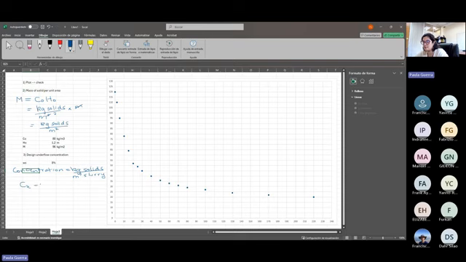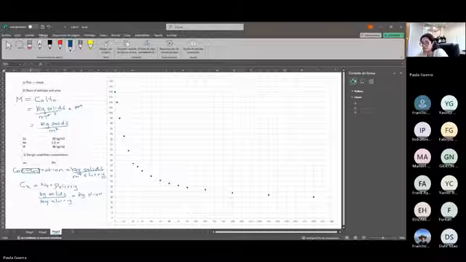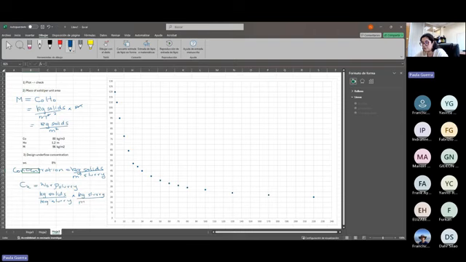It's going to be the fraction of solids times the density of the slurry. So if we analyze this dimensionally, this would be kilograms of solids over kilograms of slurry times the density of the slurry, which is kilograms of slurry over cubic meters of slurry.